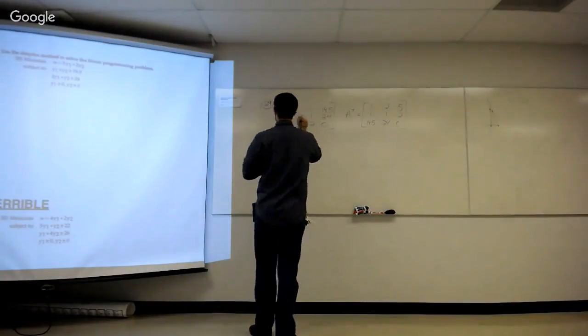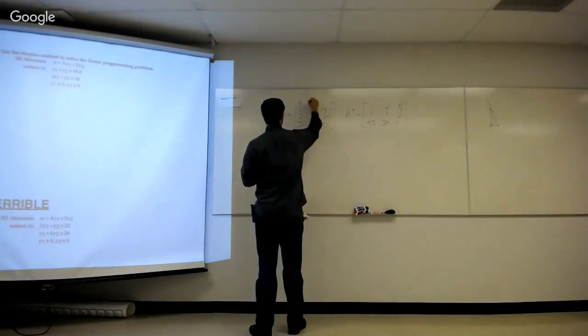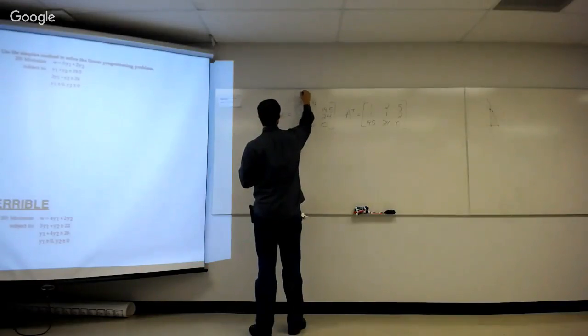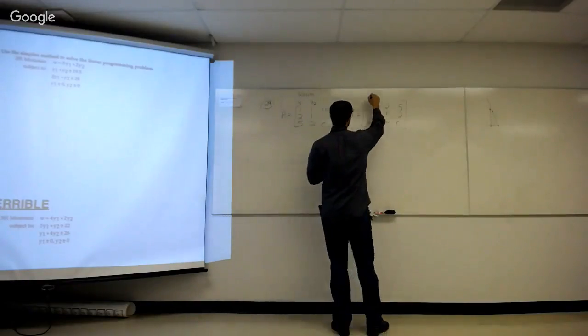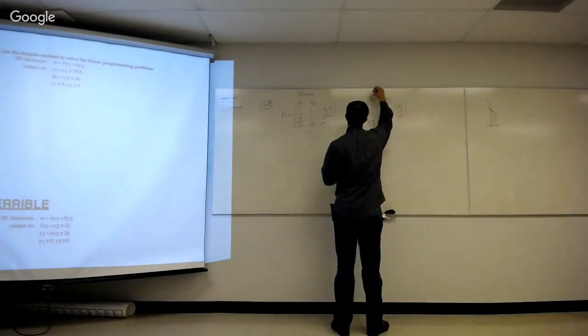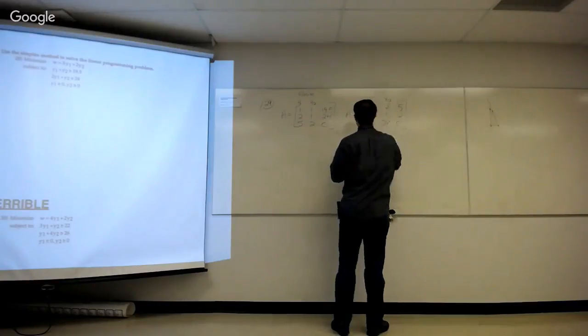Whereas over here, this was y1, y2, and it was a minimum problem, now over here we're going to call this x1, x2, and this is now a maximization problem.